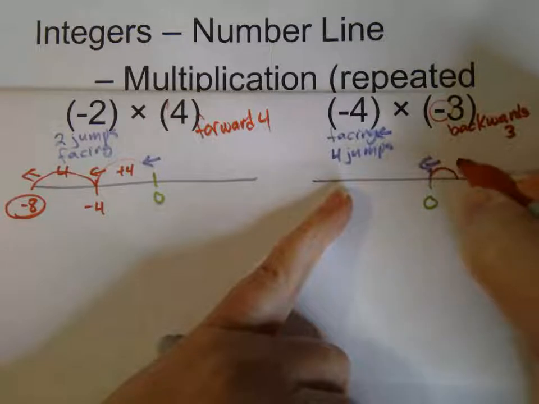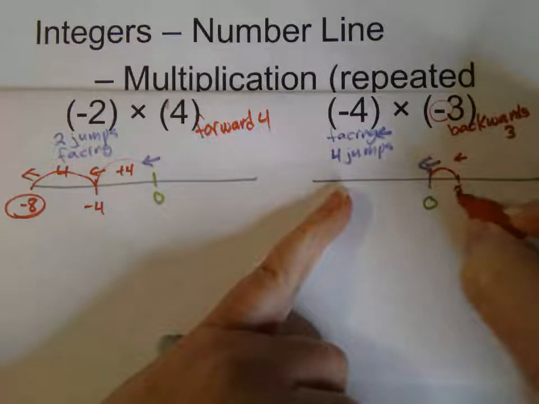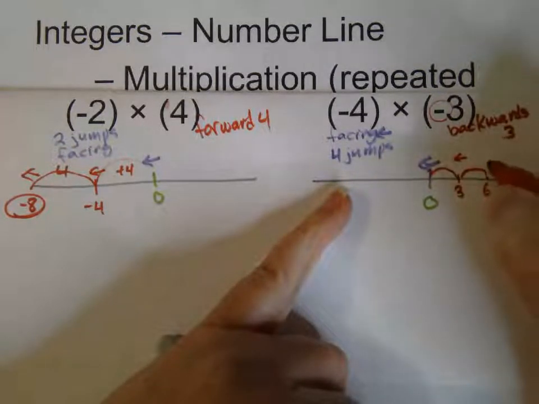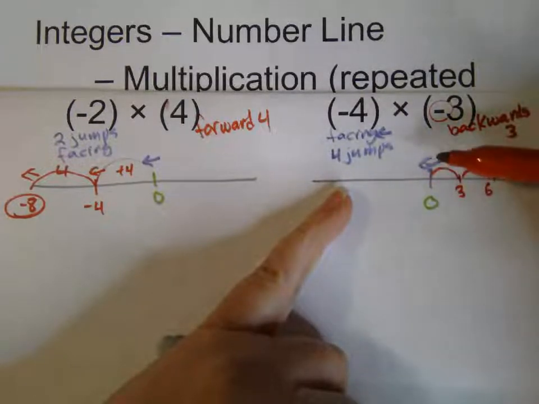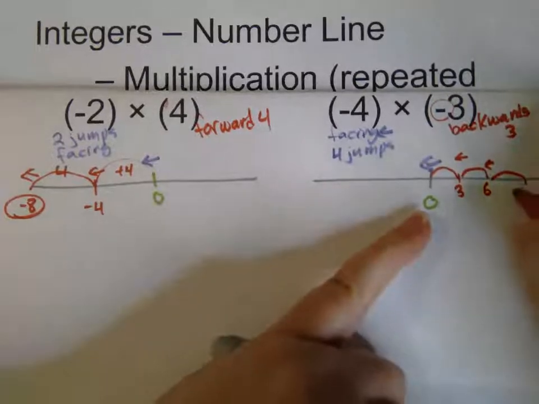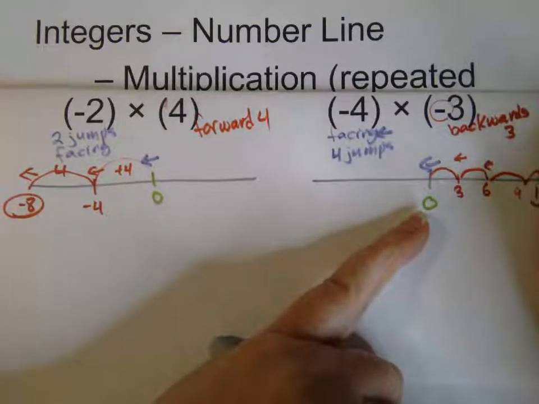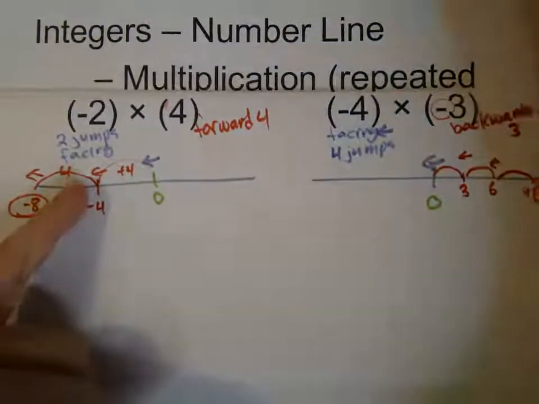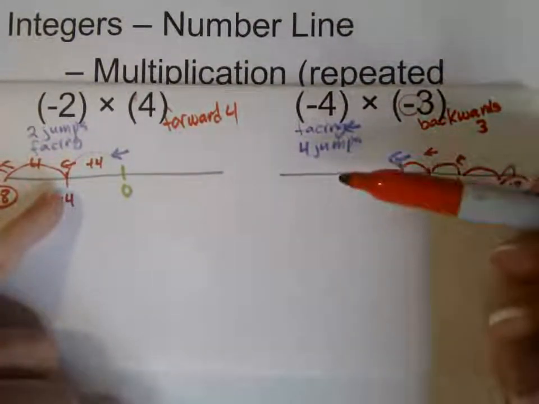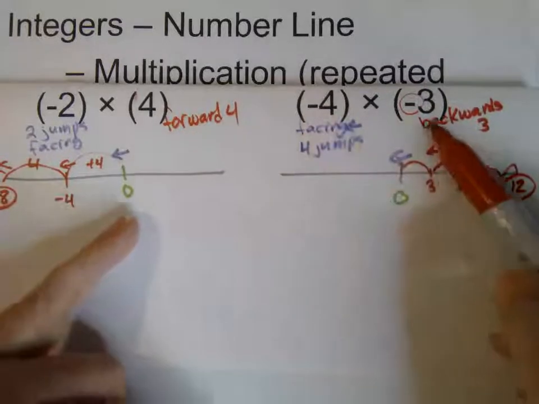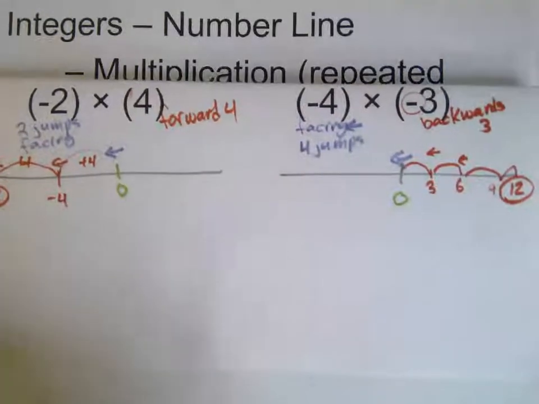So we'll do 1 jump backwards 3, another one to 6, another one, because we're facing the negative and jumping backwards, 9 and 12. We ended up at 12. So we did 4 jumps facing the negative direction, and we go backwards 3.